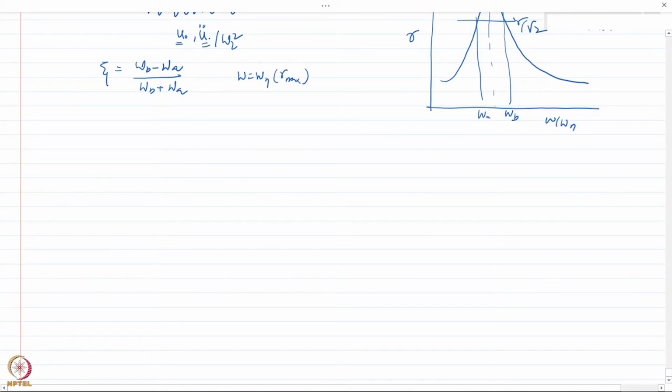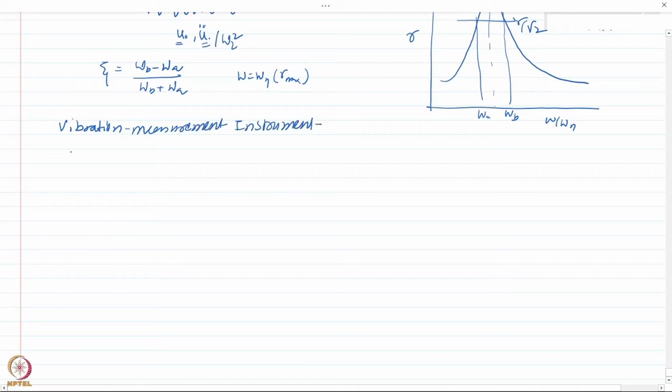As we discussed, we need to measure acceleration and displacement in the laboratory. So the question is, how do we actually measure it, what instruments do we use, and what are the principles behind those instruments? The first thing that we are going to discuss is vibration measurement instruments.